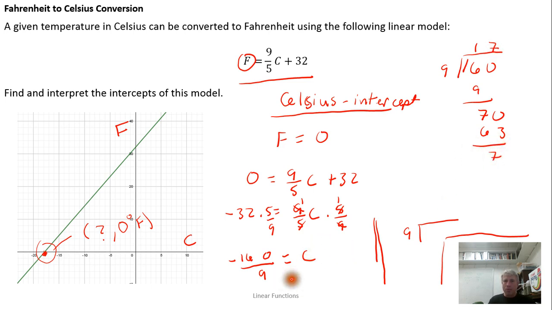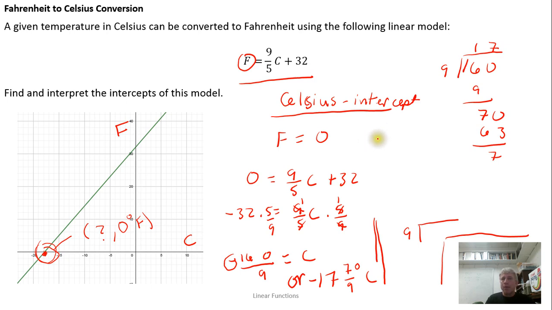So we could write this as 17 with a negative in front of it because we have a negative here. Negative 17 and 7/9 degrees Celsius. And that looks like it's correct based on the location of that intercept on the axis.